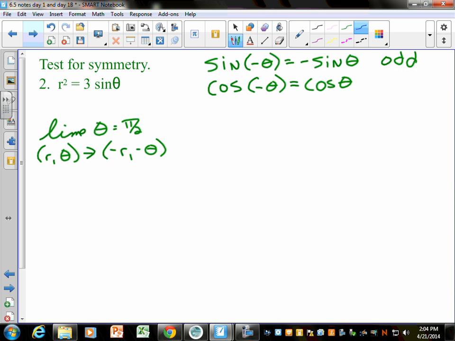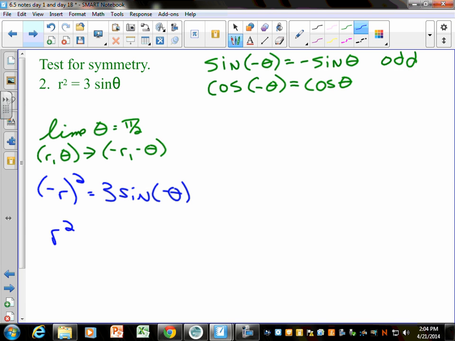So if I replace r with negative r, I'd have negative r squared equals 3 times sine of negative theta. Remember doing this with x and y's? Any big memory of this at all? It was a very long time ago, but we did it. It was on our first semester final exam. Do you agree this side doesn't change? It stays r squared because it's negative r squared.